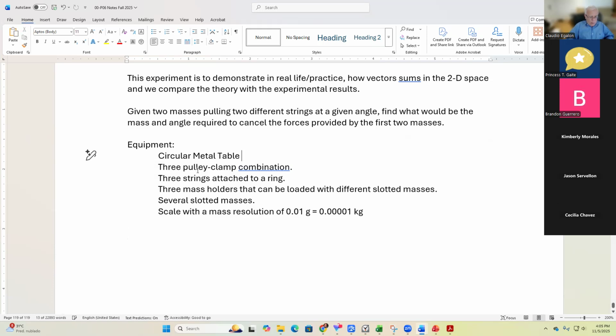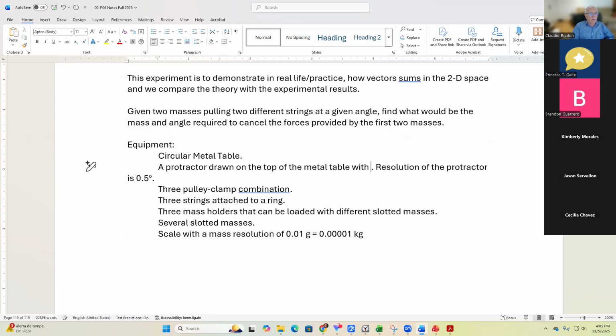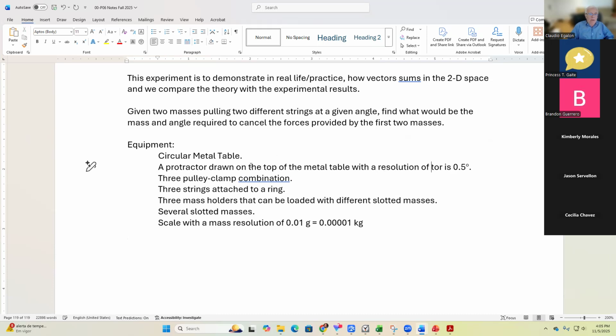I'm going to put it as though it is a different device, a protractor drawn on the top of the metal table, with a resolution of ½ degree.